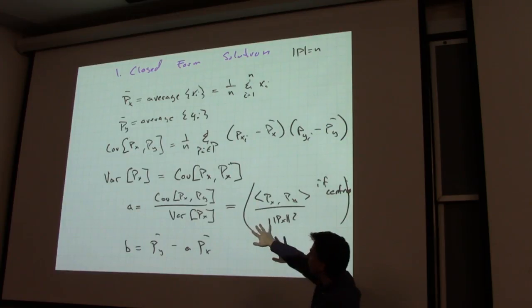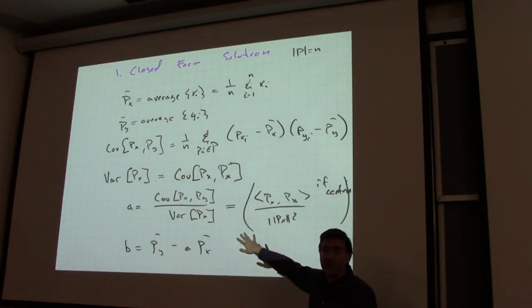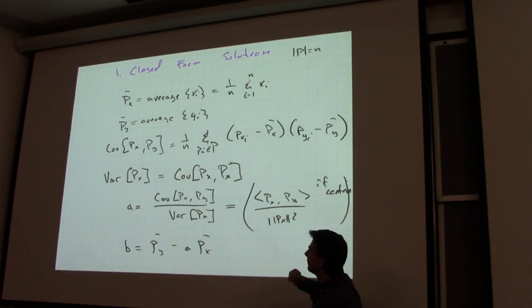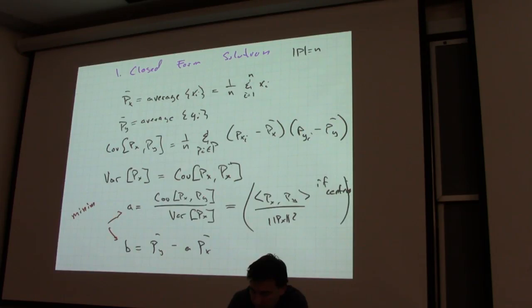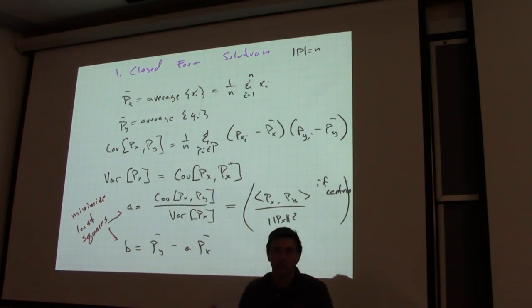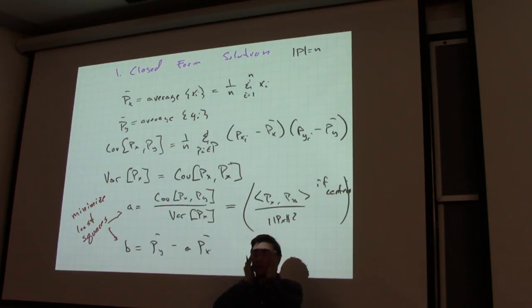So the point is that there's a closed form solution for this. I can calculate these based on the data, and I can write down the optimal a and b. These minimize this least squares formulation.